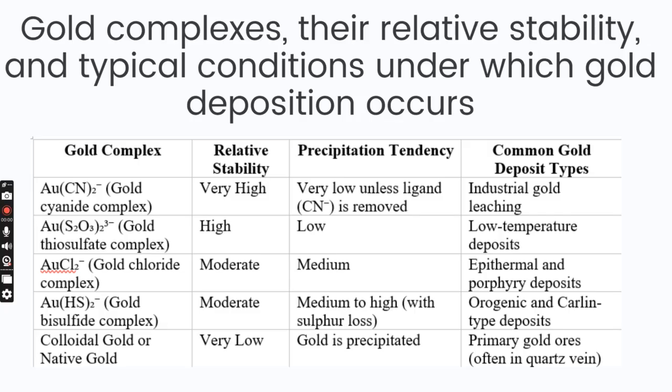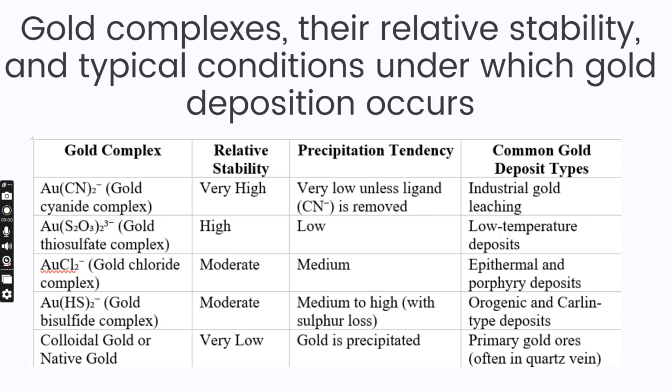Very high stability means a high value of log K, and low K means low stability, most likely to be precipitated as gold. By seeing this table, you can understand that colloidal gold is very important for getting higher gold value. In primary gold ores, within quartz veins, native gold is very commonly observed, because those are in a colloidal state and their stability K value is very low.